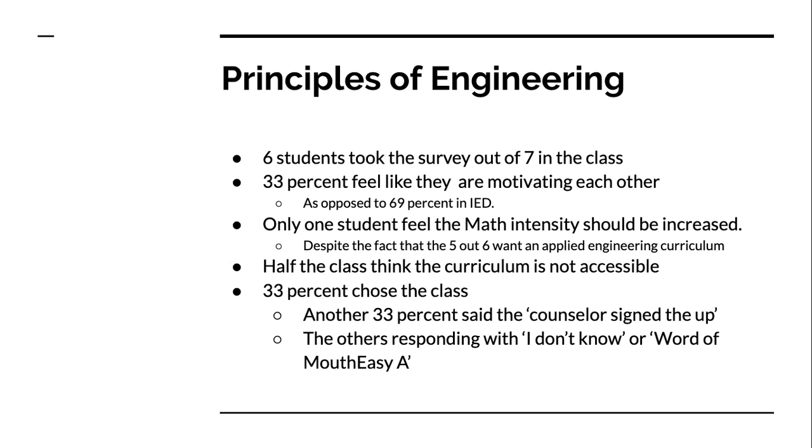One student feels that math intensity should be increased. And that's telling also because once again it goes back to optimization. Half the class thinks that the curriculum is not accessible, and I absolutely agree with them because usually I push work on Canvas, and from Canvas it goes to the student.